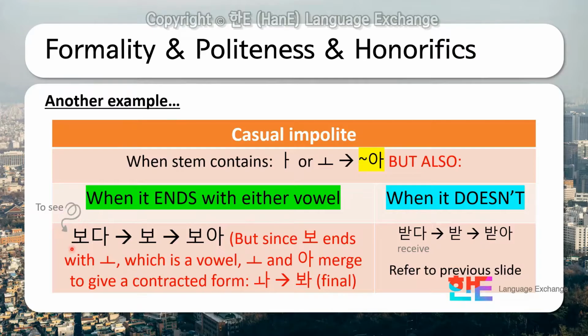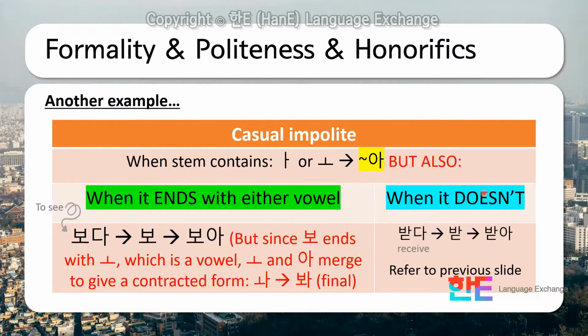It doesn't just contain it, it doesn't have a 받침, it actually ends with the vowel in question. And we know that we're going to merge the vowel, because the O and A, you merge them together to get wa, that's from Hangul class, we get pwa as our final form.